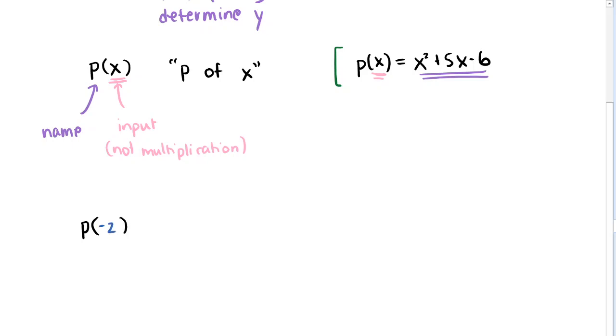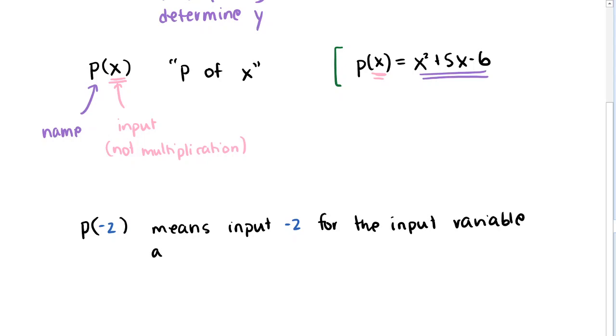Right, so this reads as inputting -2 for the input variable of our function. And then determine the output.